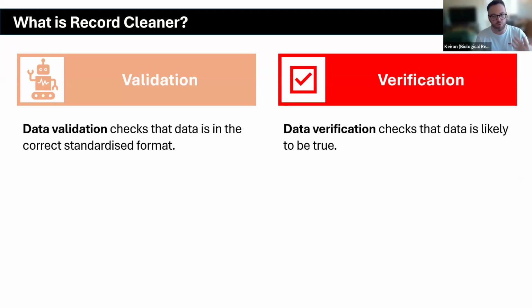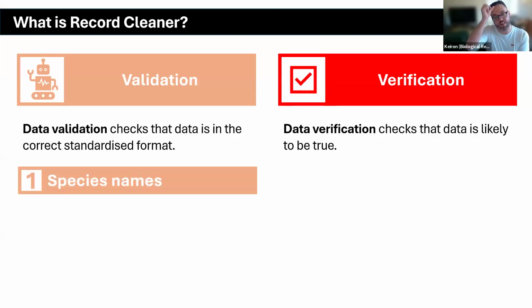So if you run that through, it will not tell you that your record is correct or incorrect. It will not tell you that it's been accepted or not accepted. It is there as a tool for you to look at whether there are things that mean that your data might need looking at in a bit more detail. And we'll come to the specifics of that later in the webinar.